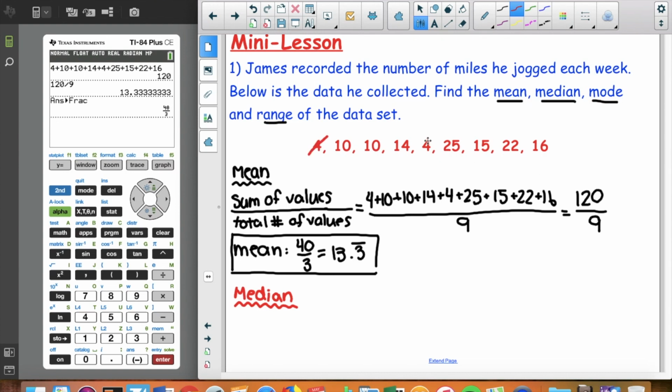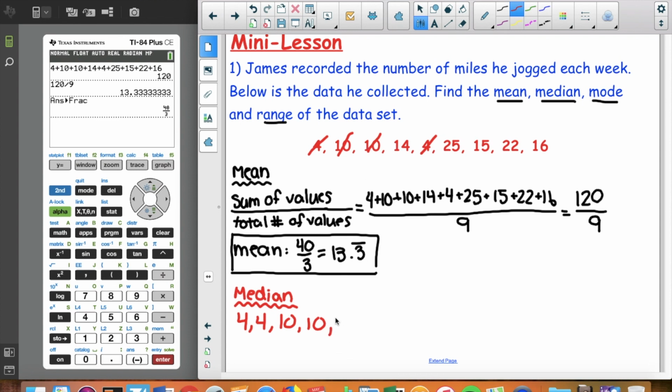So I see 2 of them, so we're going to start by writing the 2 4s. We're just reorganizing how it's listed. The next smallest number is 10, so there's 2 of those, so I'm going to write 2 of the 10s. Notice I'm crossing them out as I go. That's so I know which values I already used.